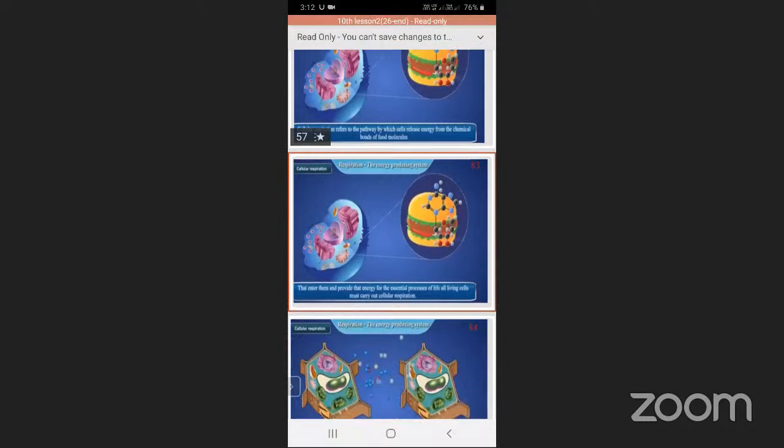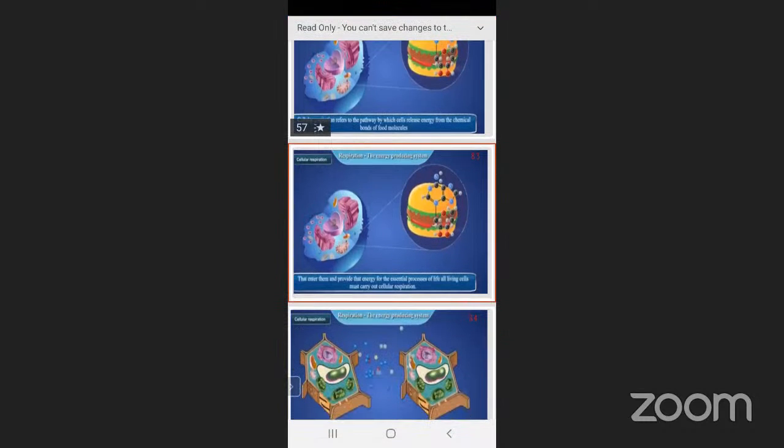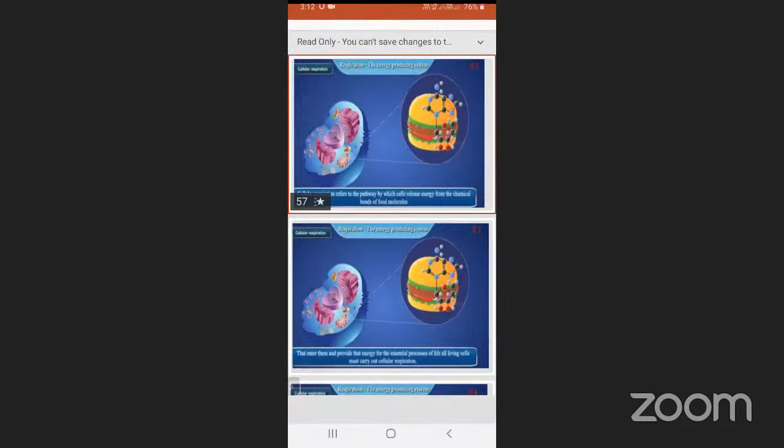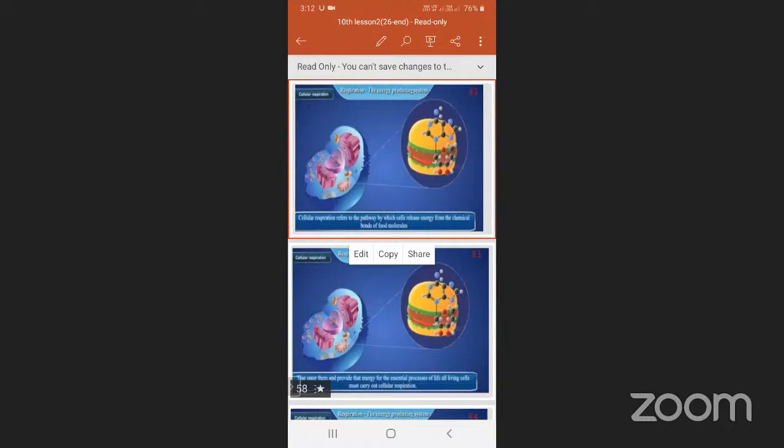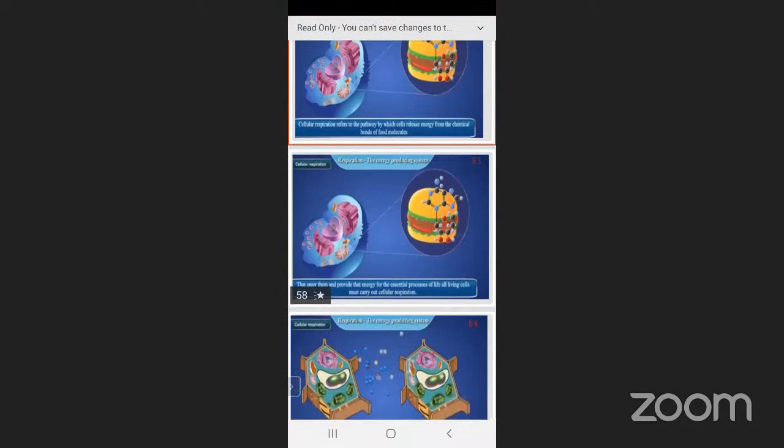Next, see here, that enters them and provides that energy for the essential processes of life. All living cells must carry out cellular respiration.